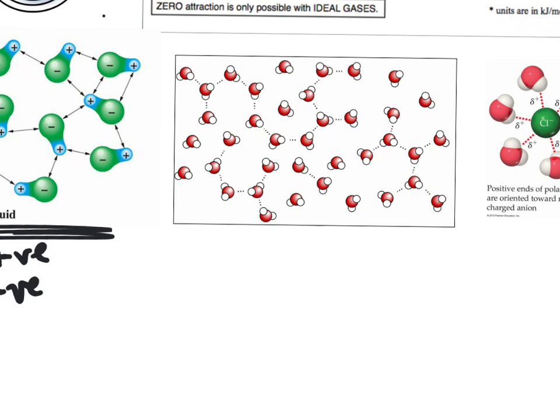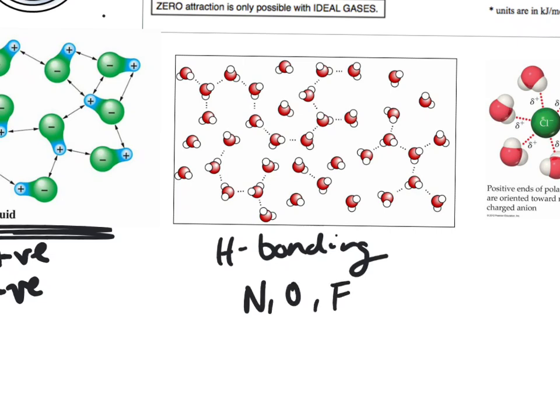So this figure is representing hydrogen bonding. Hydrogen bonding only occurs in certain molecules. The hydrogen has to be bonded to a nitrogen, an oxygen, or a fluorine.